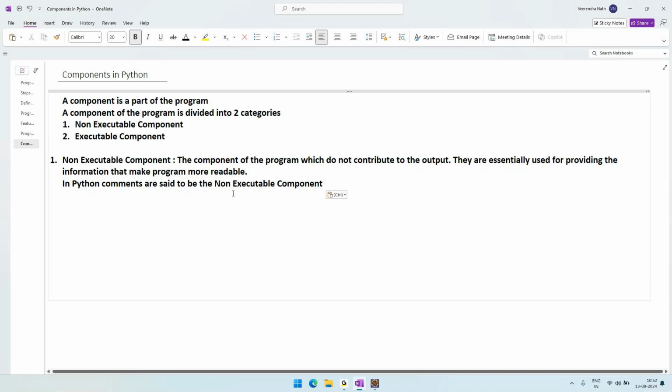The component of the program which does not contribute to the output, essentially used for providing information, so that it makes the program more readable.